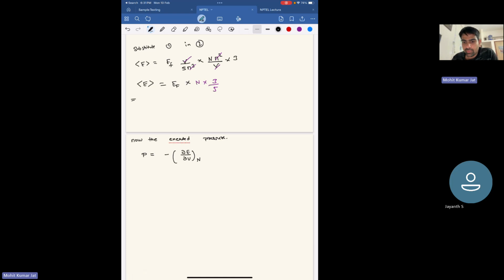And since we know the average energy is E by N, this implies the energy is 3 by 5 times N times EF, which we already have, and N is nothing but the carrier density.